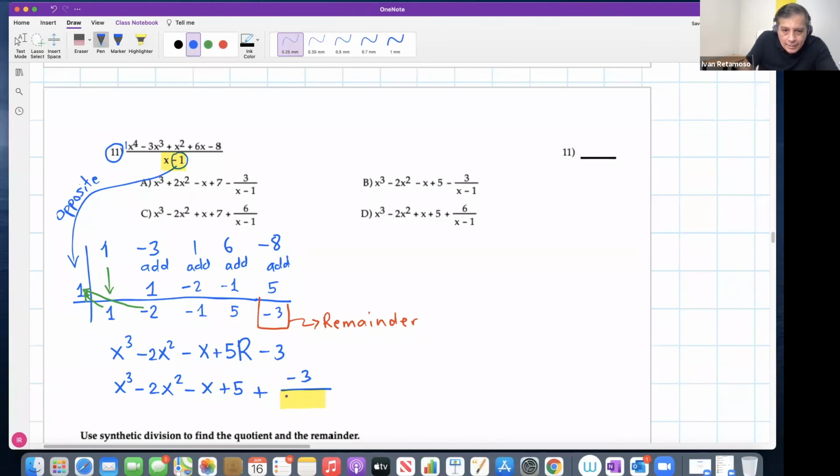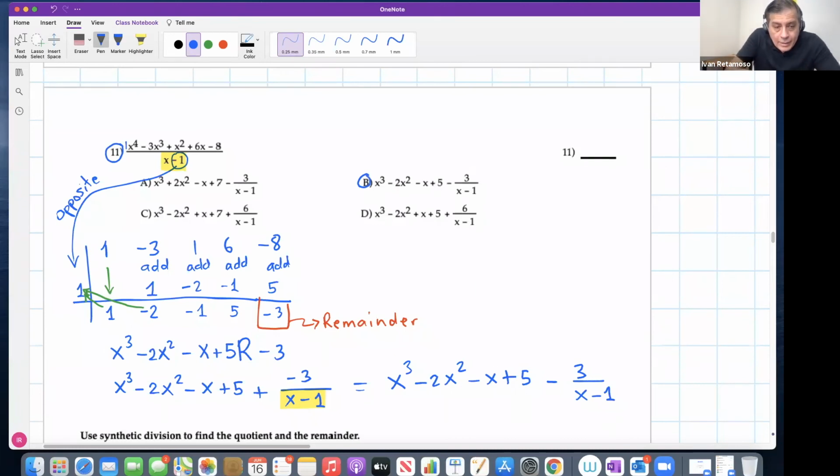X minus 1. Now, plus and minus is just minus, right? So mathematicians noticed that and they wrote it like this. -3 over x minus 1, right? There you go. Therefore, the answer should be this guy, right? You follow, guys? Great.